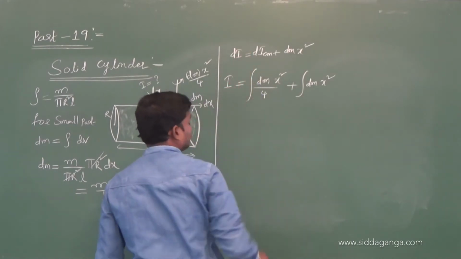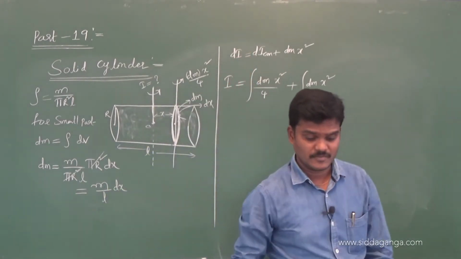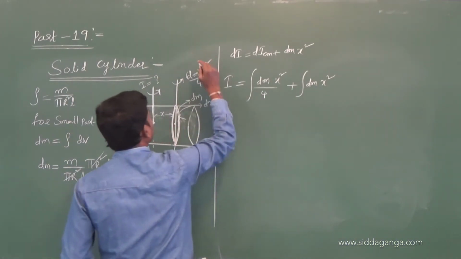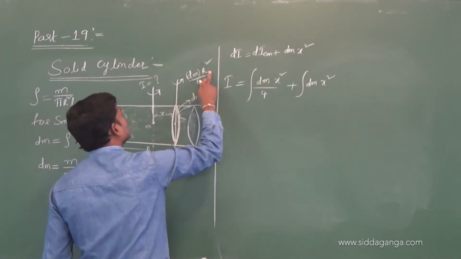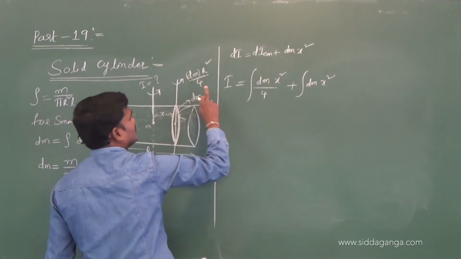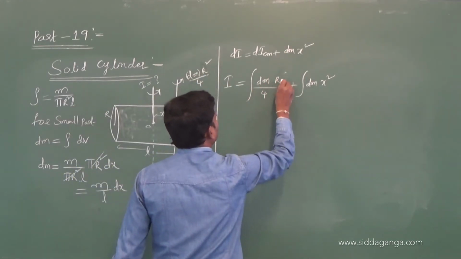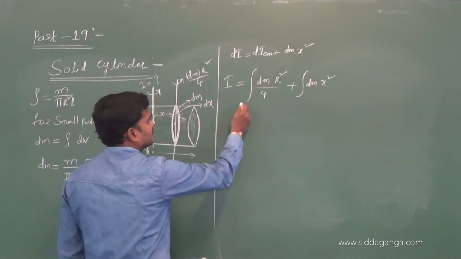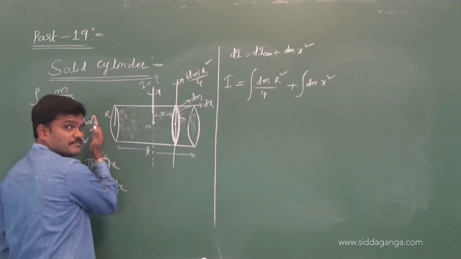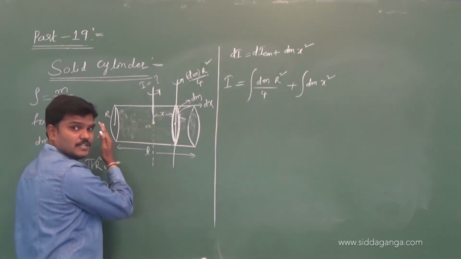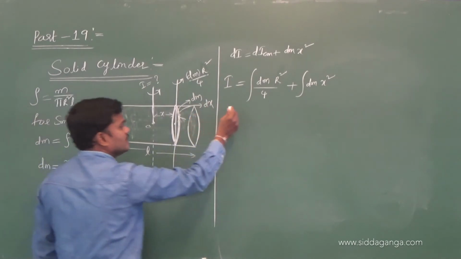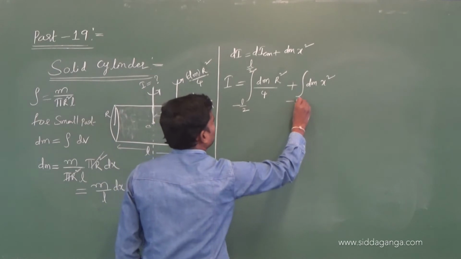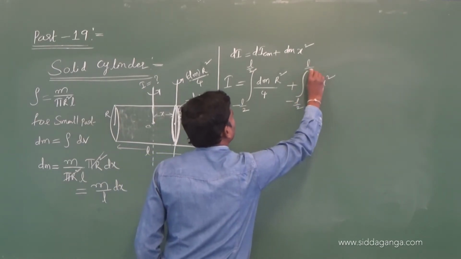So it is integration of dm R square by 4, and see the limits. This axis we can move to the left and we can move to the right. So the left side is minus L by 2, the right side is plus L by 2. Minus L by 2 to plus L by 2.